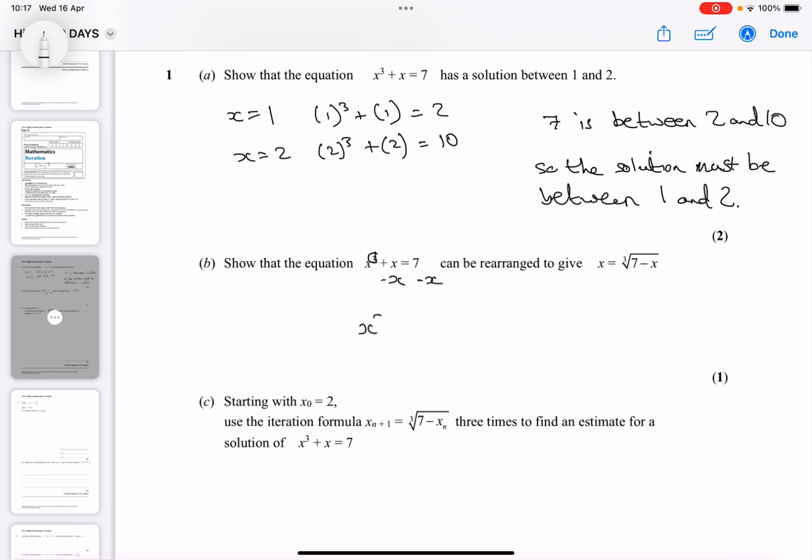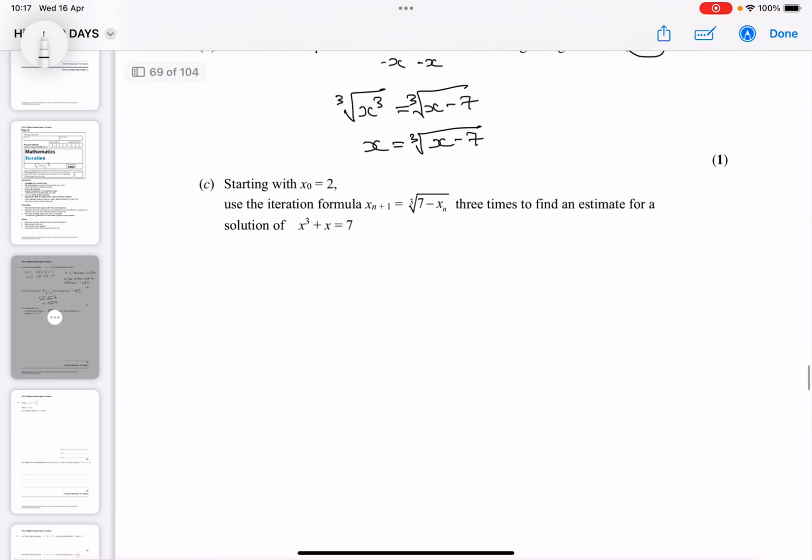That gives me x cubed equals 7 minus x. So essentially I've found that bit. Now I'm just going to cube root both sides. So x equals the cube root of 7 minus x. Sometimes they're easy to see and sometimes they are not.